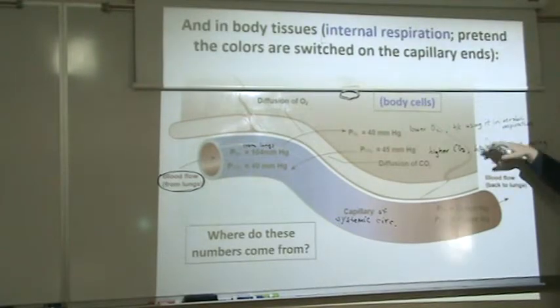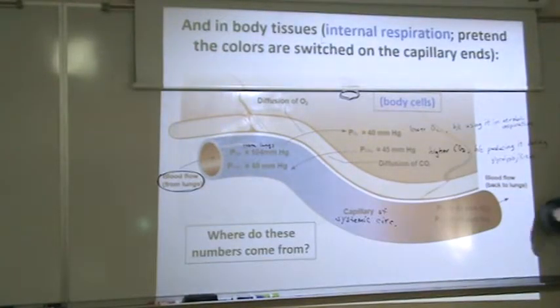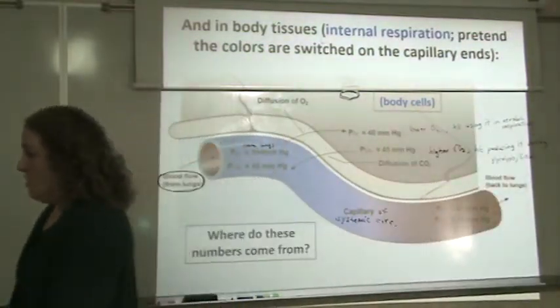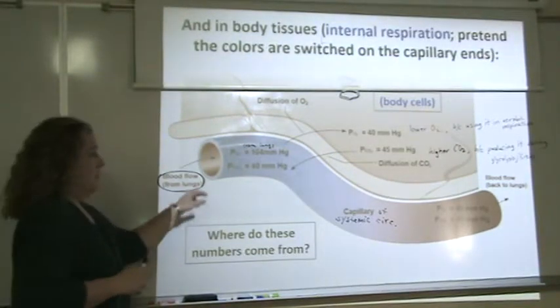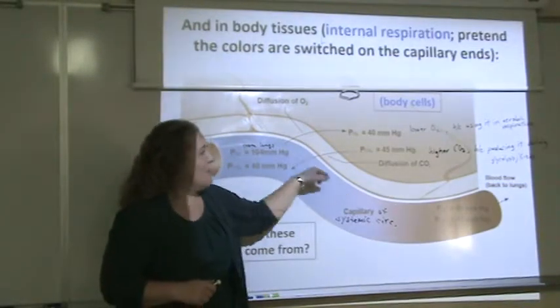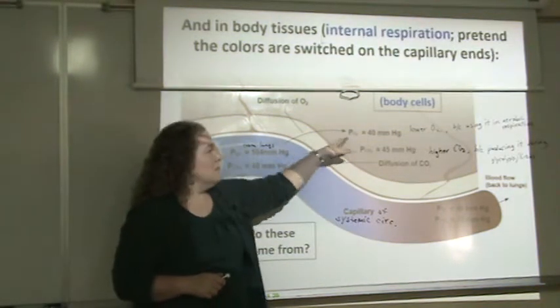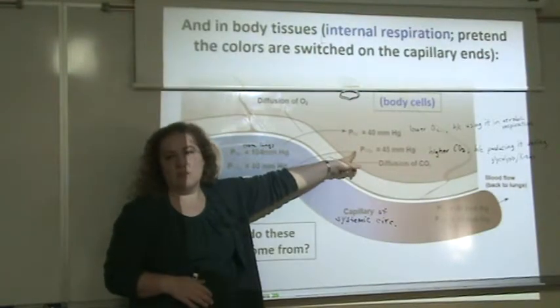Also during aerobic respiration. So we're making CO2 all the time if we're using sugar. If the body cells are healthy and normal, they're always using up oxygen and always producing excess CO2. So if the blood that is passing by here has this level of oxygen, body cells have low oxygen. Oxygen moves into them by diffusion.